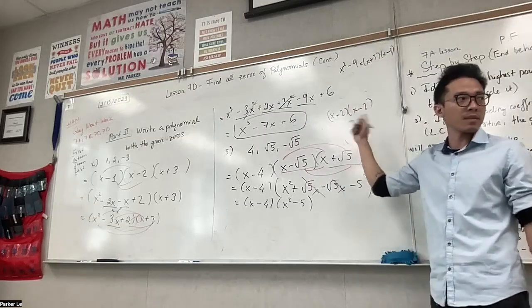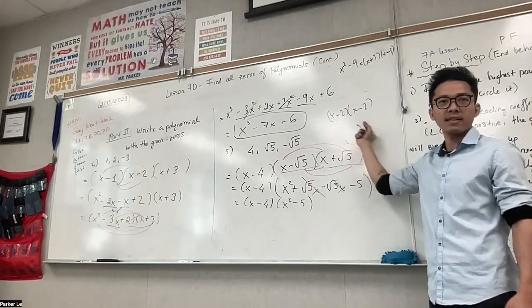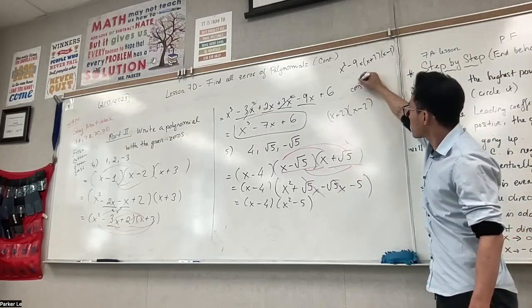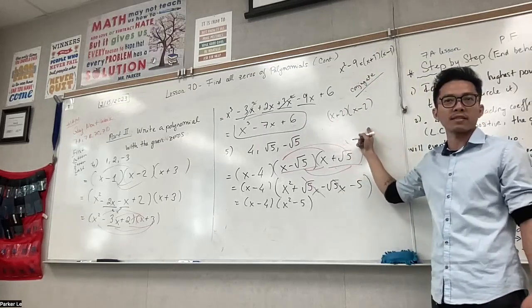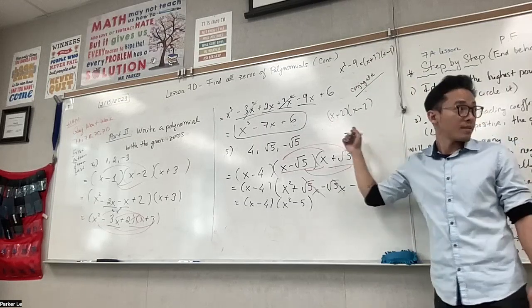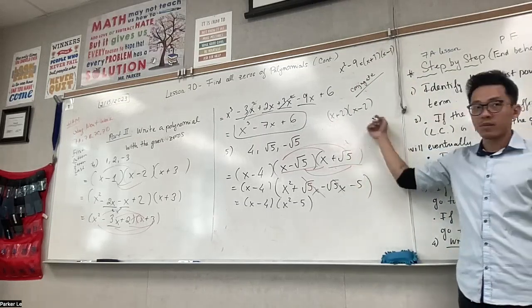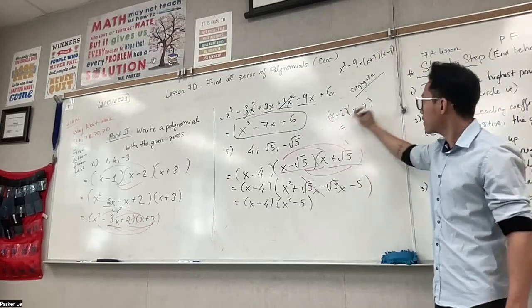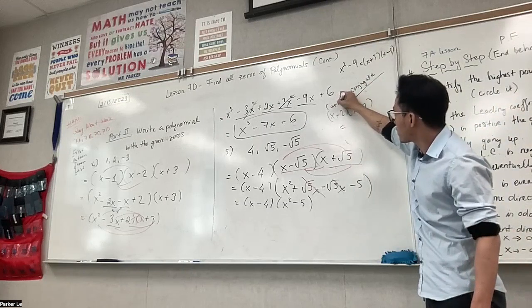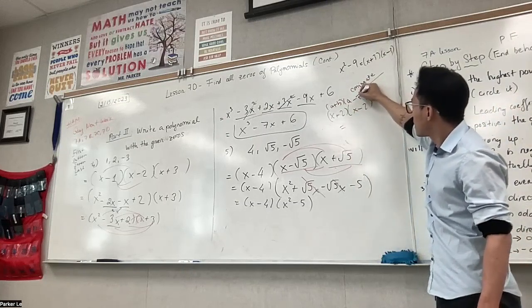Conjugate: the same two numbers but different sign. Come on, you should remember this. When you multiply the conjugate, you can also think about it like a plus b and a minus b.